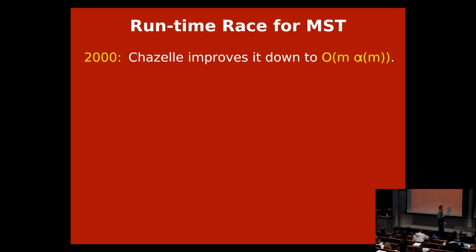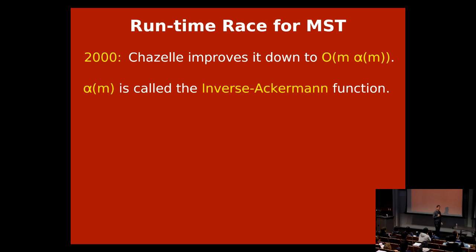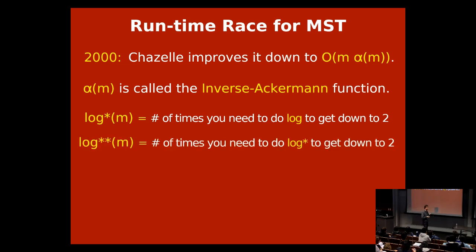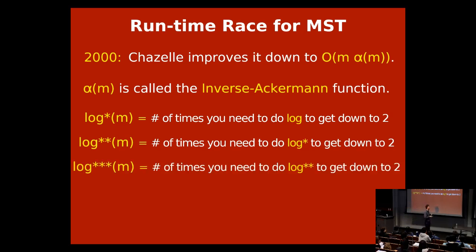So then a few years later, he got off that log alpha factor. So he got it down to m times alpha of m. So what is alpha of m? It's called the inverse Ackermann function. Okay, so you know how log star is the number of times you need to do log to get down to 2? Well, still won't tell you what alpha of m is, but there's something called log star star m, which is the number of times you need to do log star to get down to 2, which is really ridiculous.